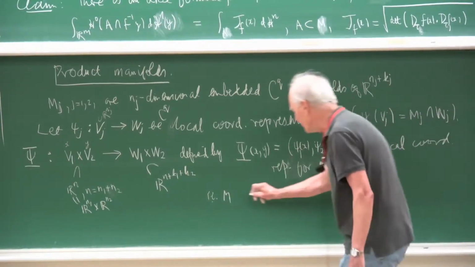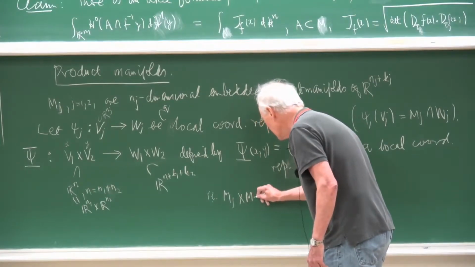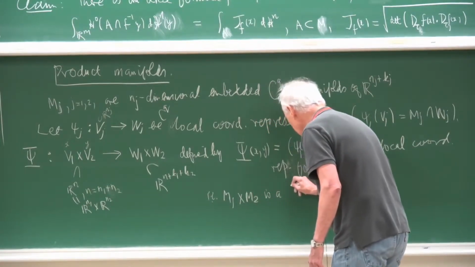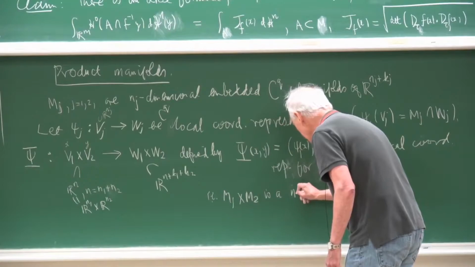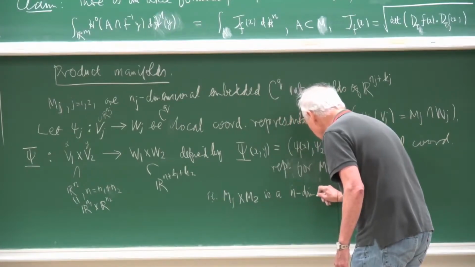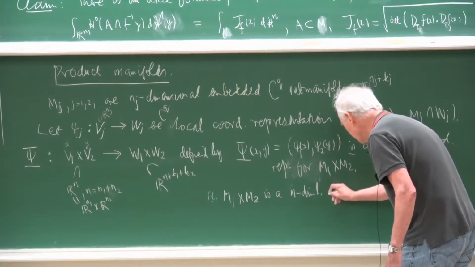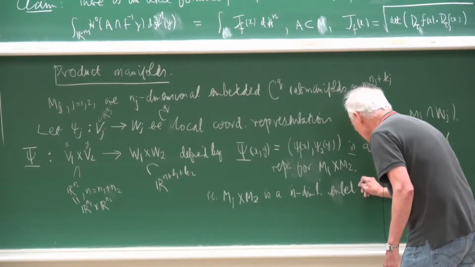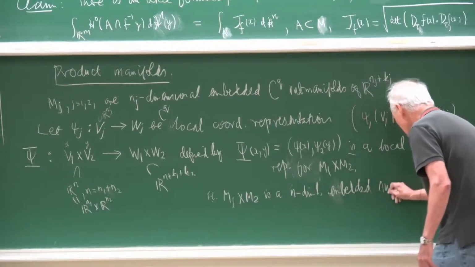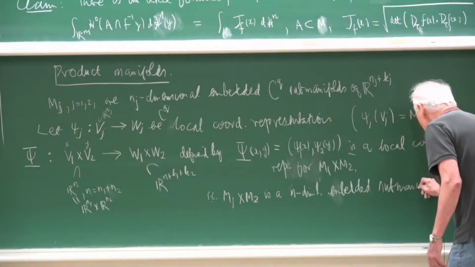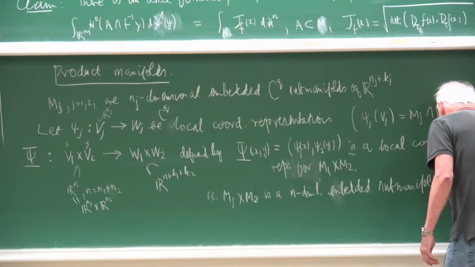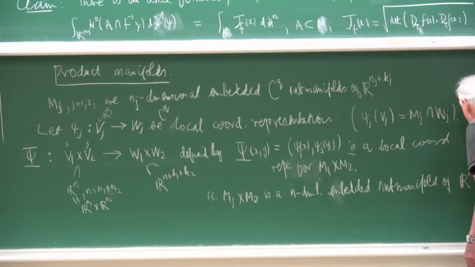So indeed, we've proved that M1 cross M2 is an n-dimensional embedded submanifold of R^(n+k1+k2), where n is n1 plus n2.